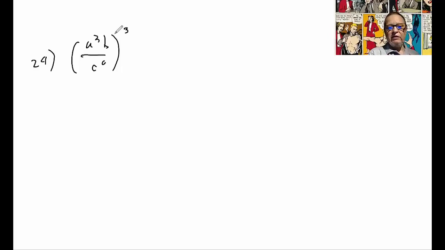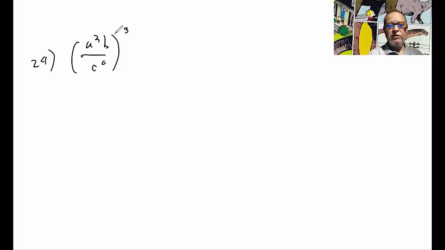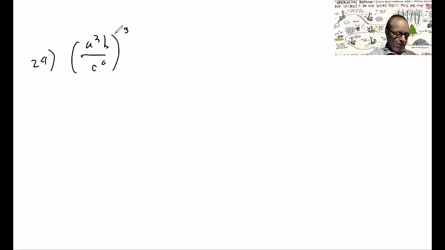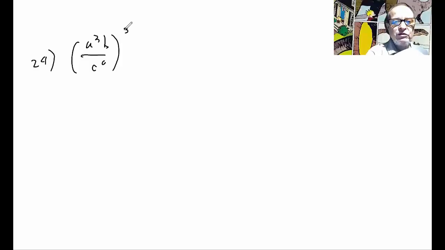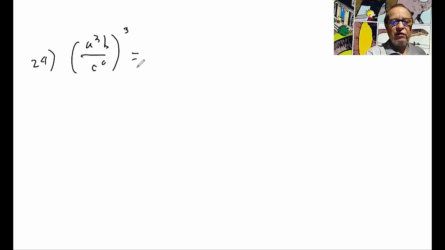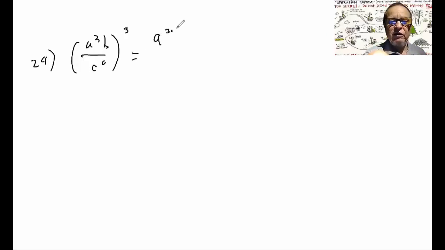So we see that all of these bases are different. So the only thing we really have to do here is apply the product rule. And that means we're going to take this cubed and multiply it by everything that's inside there, like this. So we have a, 3 times 3.